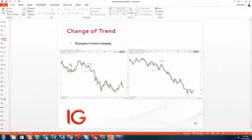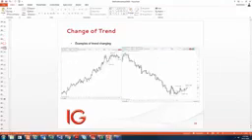Okay, let's see another example. In this example, you can see this very strong downtrend. You actually form a double bottom here, followed by a higher low.